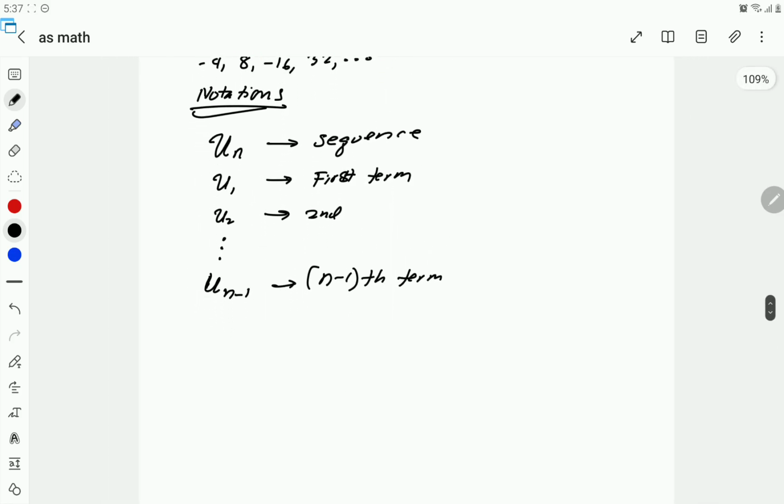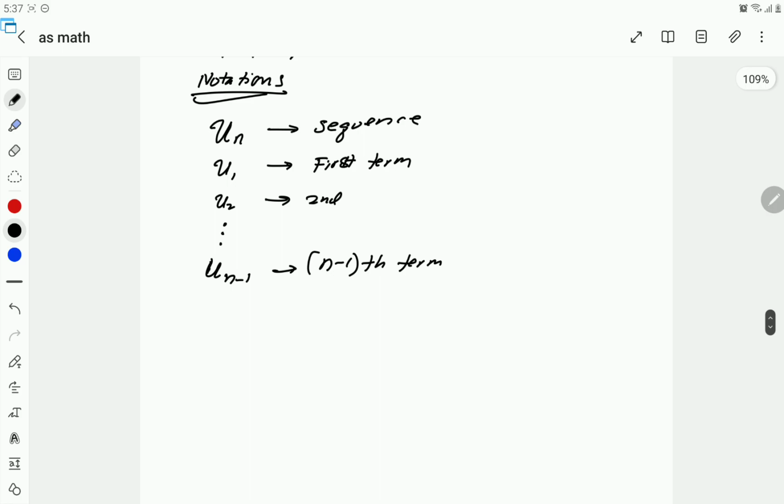Let's try to have an example. So let's say that the sequence U sub n is equal to n times n plus 1. So if this is your sequence, your first term, your U sub 1 is equal to 1 times 1 plus 1 equals 2.